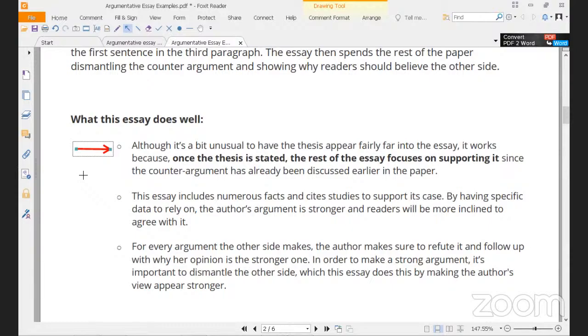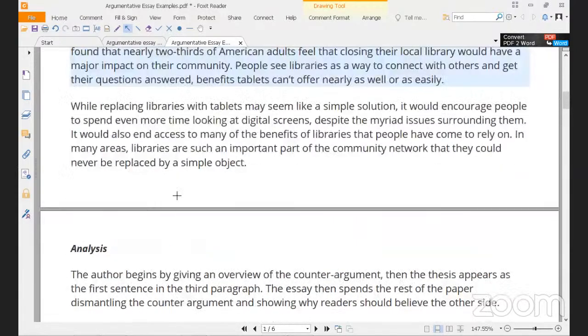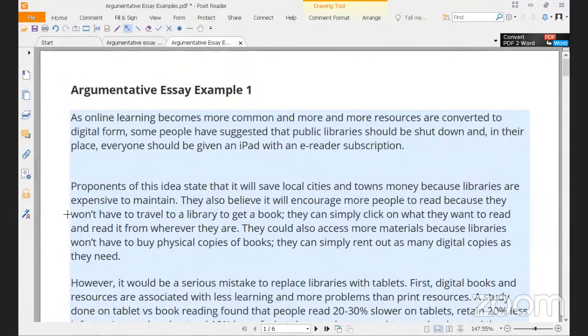Okay, but before we continue, where is my thesis statement? Where is my thesis statement?